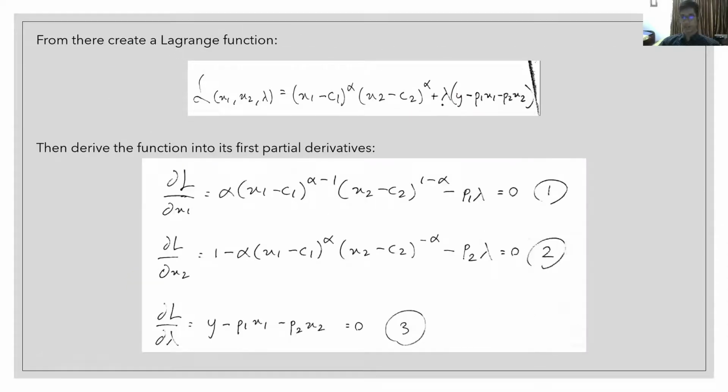This is the f, and this is the g, and combined with lambda, we can create the Lagrange function here. Now we can derive the Lagrange function with respect to x1, x2, and also lambda. We get these 3 partial derivatives.